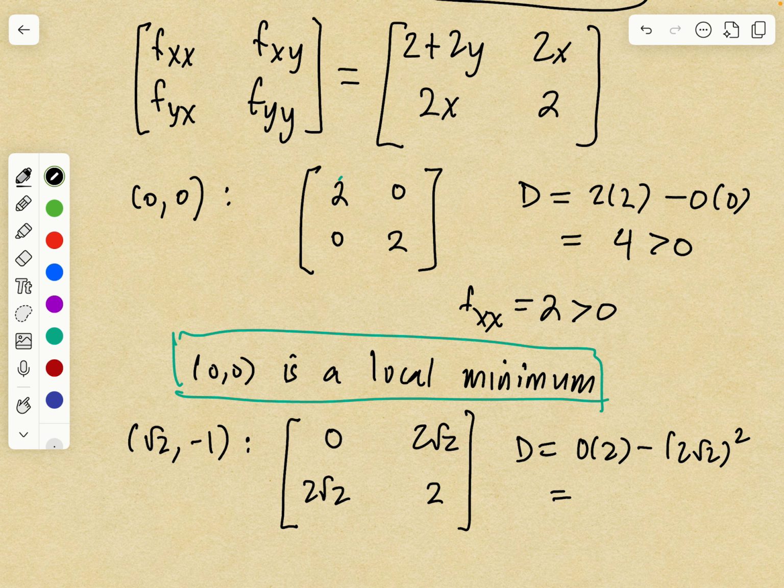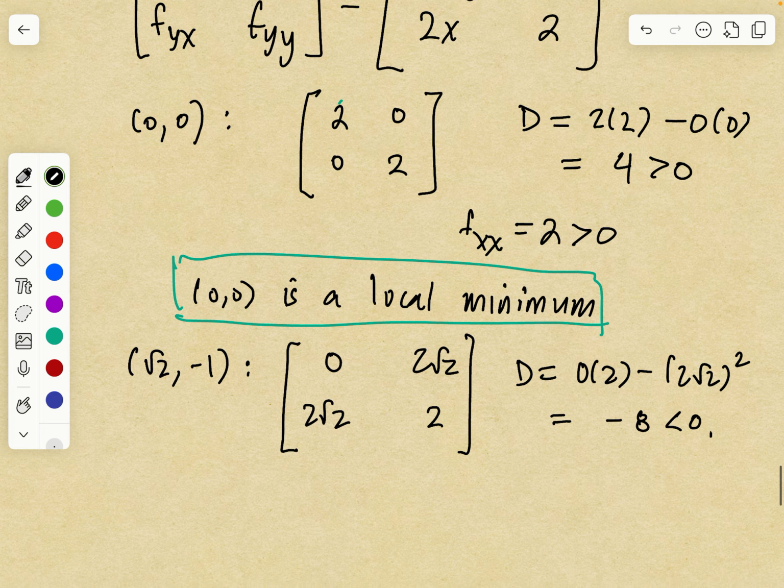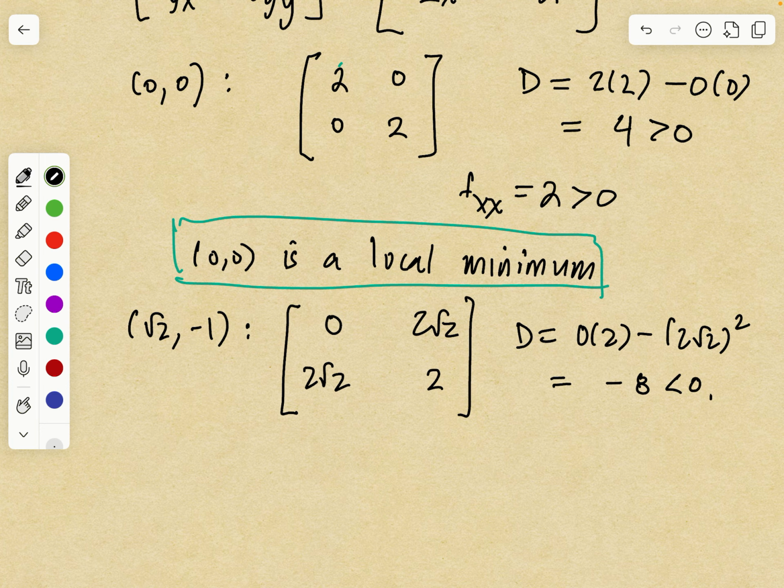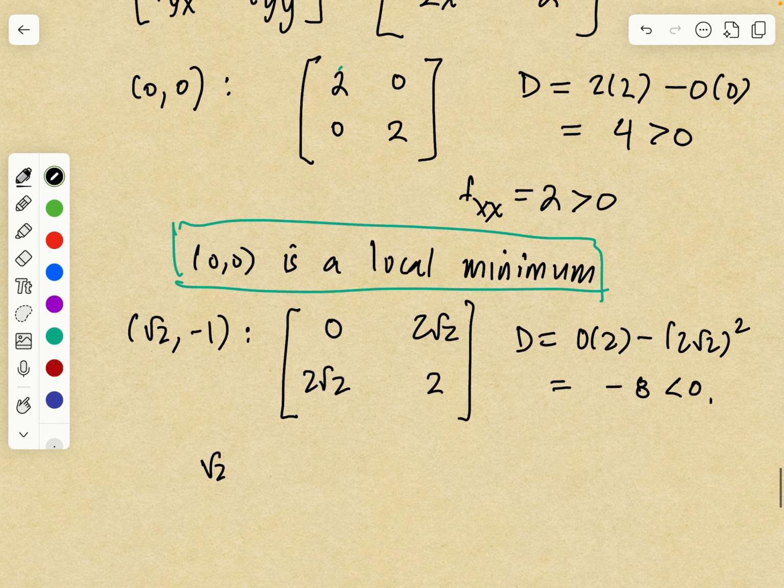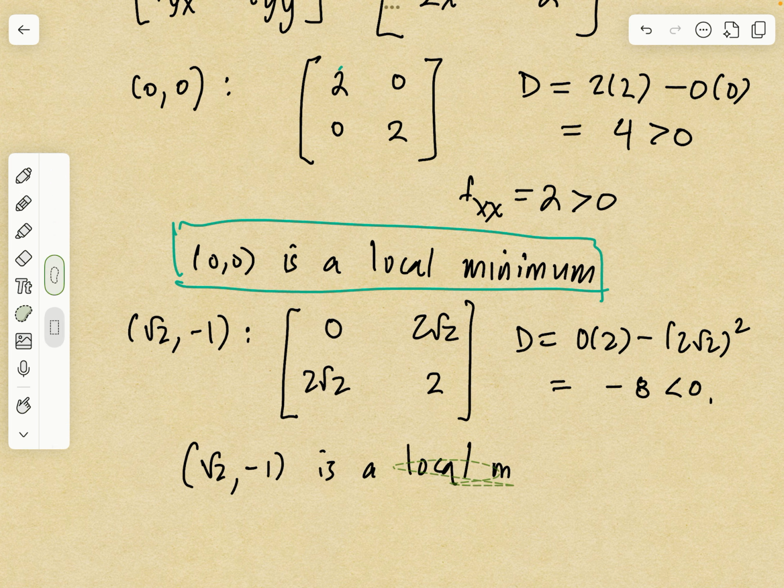I get negative 8. The exact number isn't important. The point is that it's negative. And since D is negative, that tells me that I have a what? Maximum, right? A local maximum. Oh wait, no, I don't. I have a saddle point. Sorry, I have a saddle point.